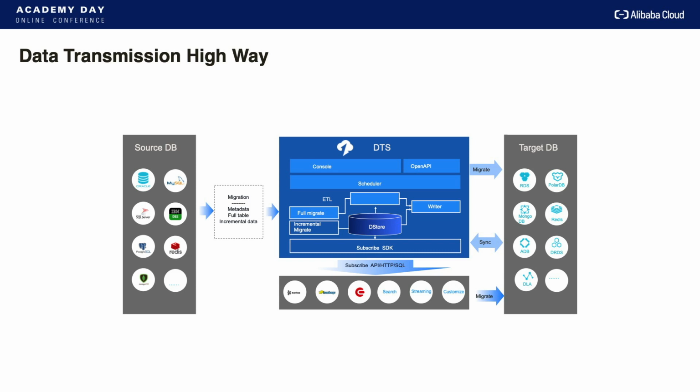That means for target databases that are not even supported by DTS yet, maybe it's some database that you spin up on a VM yourself, and you want to pull data from the source into that type of database, you can do it by subscribing to your dstore via this subscription SDK. So for all those incremental data generated, you can push or pull to your preferred target database. This offers even more flexibility, so that you don't have to wait for a new type to be added to the roadmap, and you can get it done yourself.